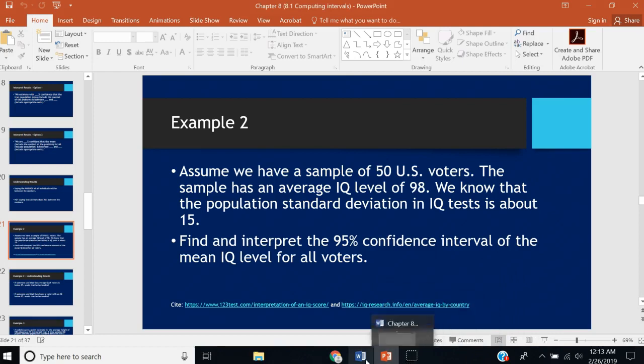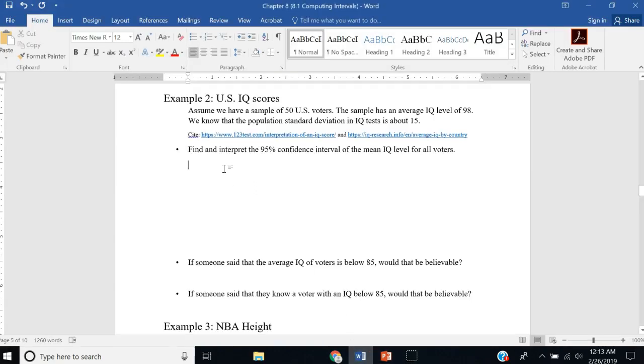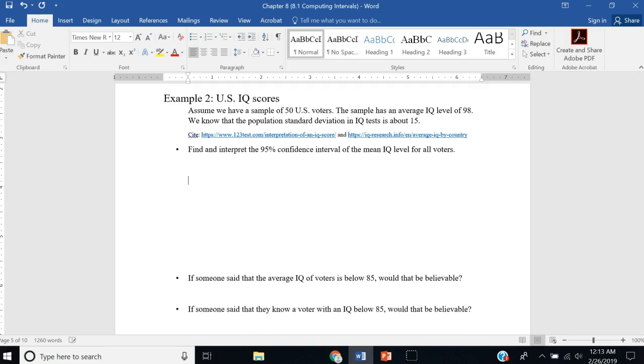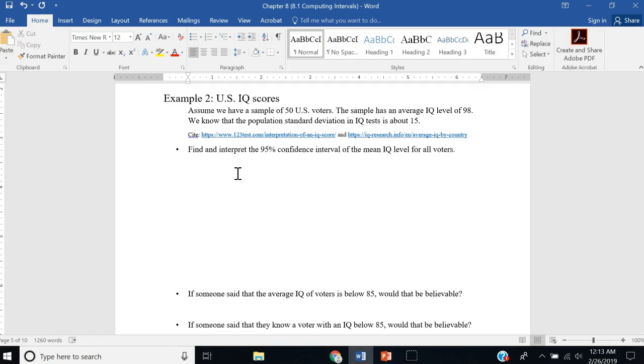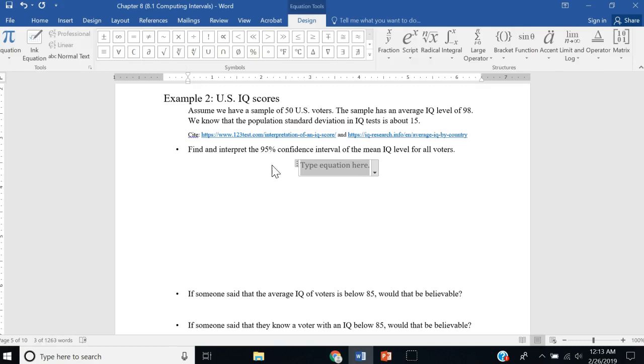So first off, let's go and see what we have. We are trying to find and interpret the 95% confidence level of the average IQ level for all voters. Now, whenever we type this in, what things are going to be needed?